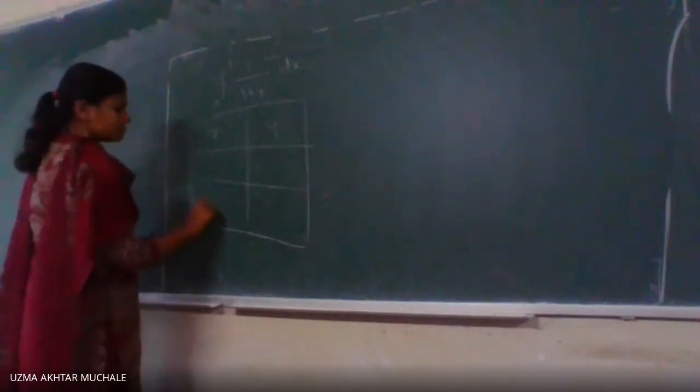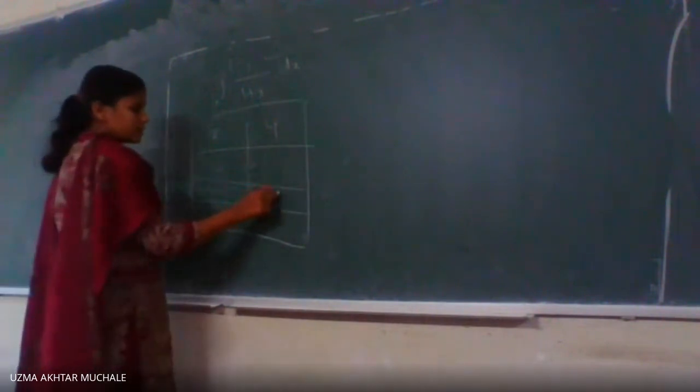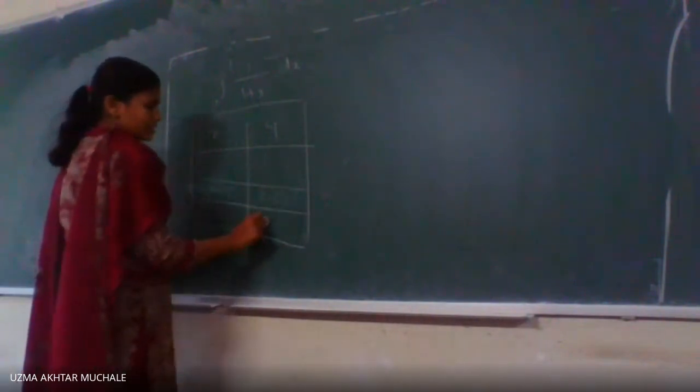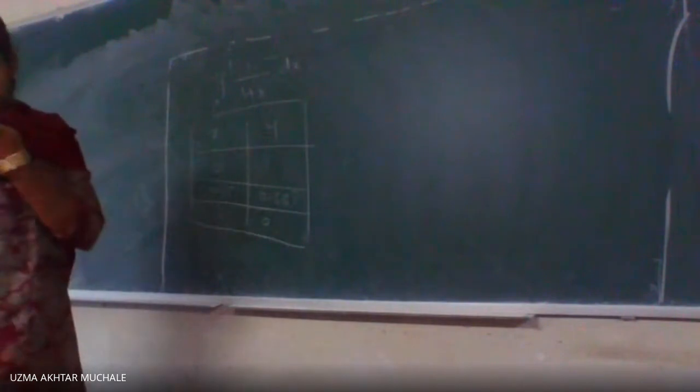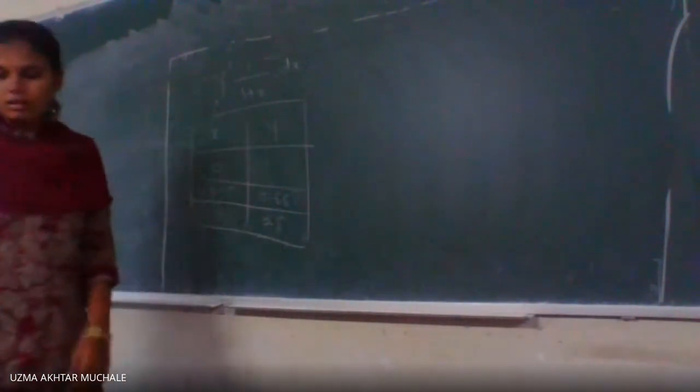We have been provided with values of x and y: 0, 0.5, and 1, 0.667, and the last term is 0.5.